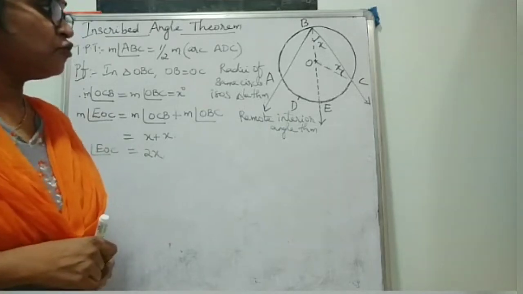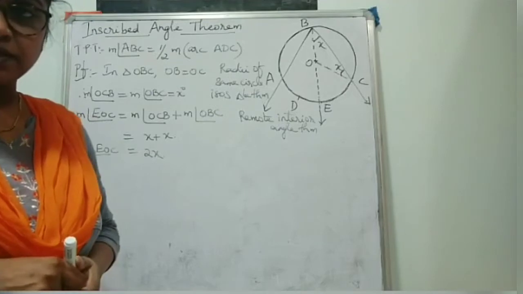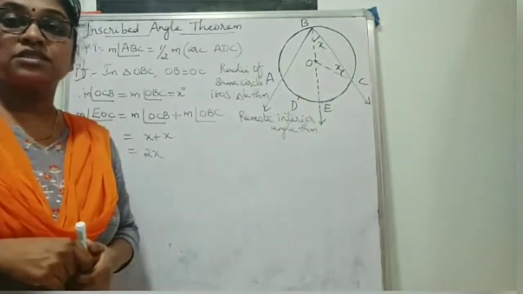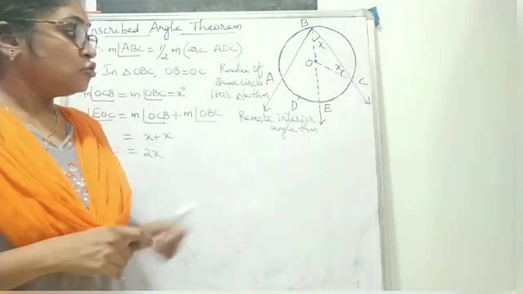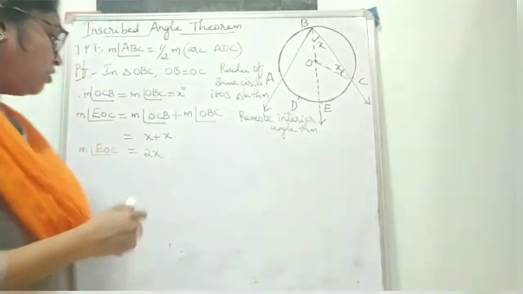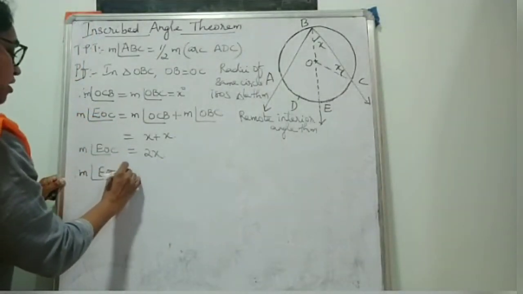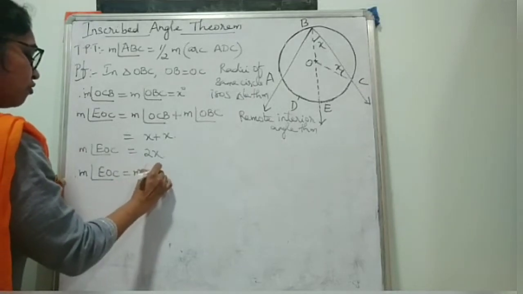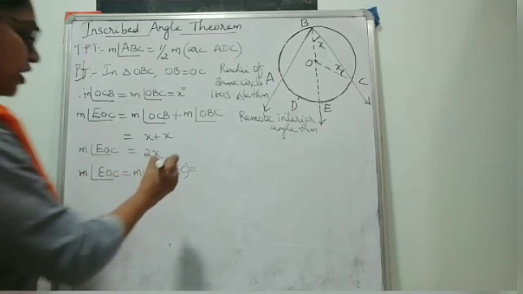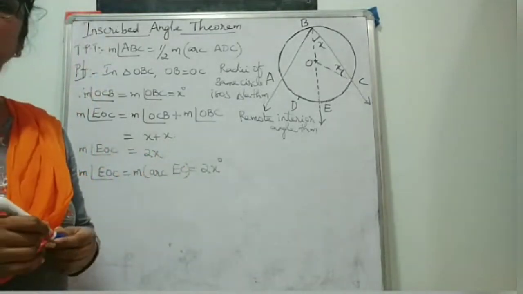Now if you observe the figure, angle EOC is the central angle, and the measure of a central angle is always equal to its corresponding minor arc. So in this figure, the corresponding minor arc is EC, which means the measure of angle EOC is equal to the measure of arc EC, which you got as 2X.